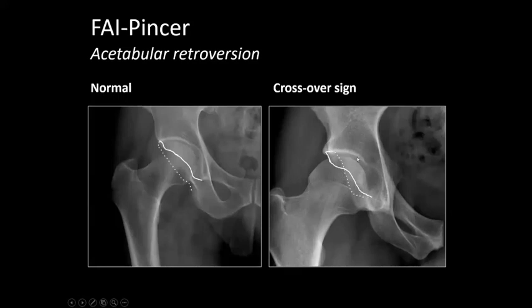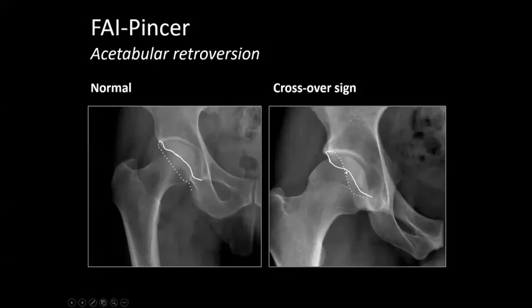But when we look at this patient with acetabular retroversion, you get something called the crossover sign or the figure of 8. Now, the anterior margin of the anterior wall is lateral to the posterior margin of the posterior wall in the cranial part of the acetabulum, but then it goes back and becomes medial to the posterior margin in the caudal part of the acetabulum.